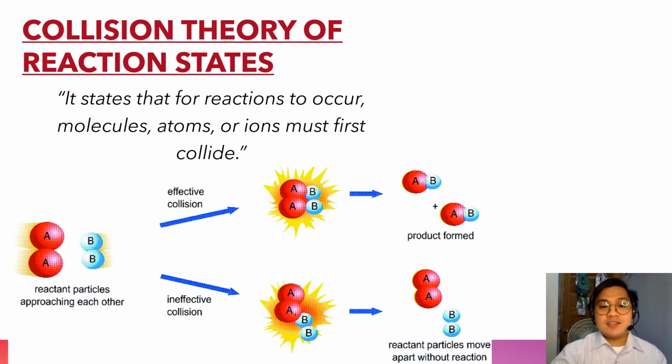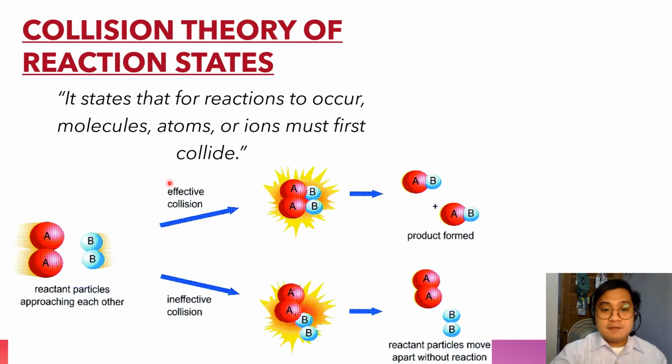As you can see in the illustration, we have reactant particles approaching each other. We have reactant A and of course reactant B. These reactants will undergo collision, whether effective or ineffective.